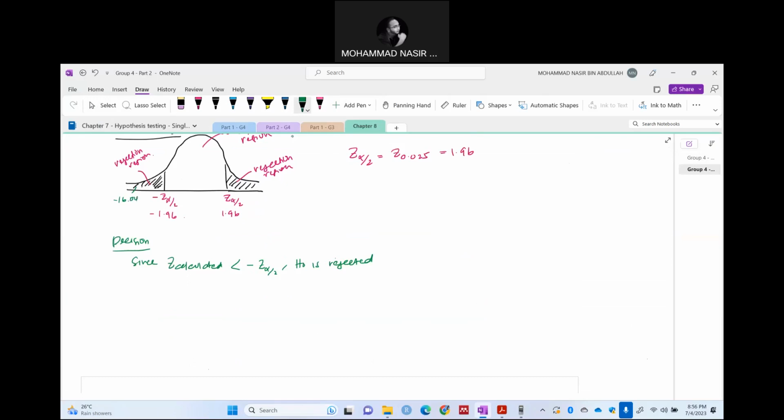So our conclusion is, the mean price of cars in 2012 has changed significantly as compared to 2011.